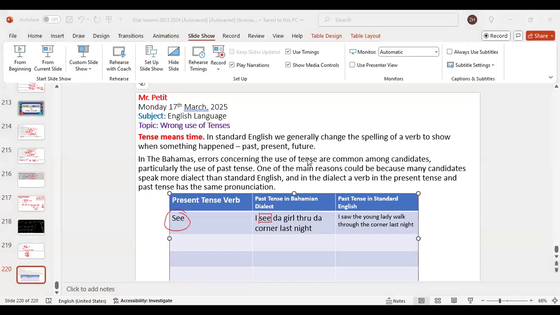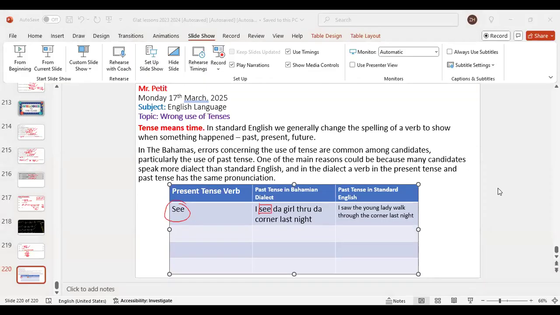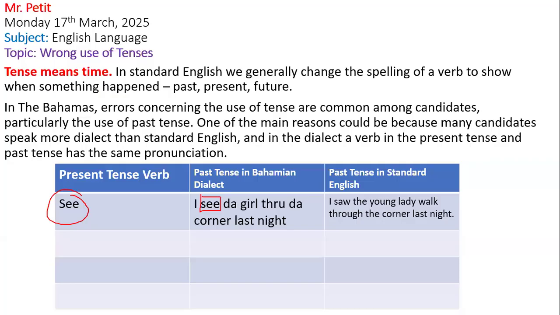There's someone who I know who's good at English person. Anyone who has a good British accent? I think I do. I have a decent one. You have a decent British accent? I saw a young lady walk through the corner last night. Go ahead, Genesis. I saw the young lady walk through the corner last night. Okay.